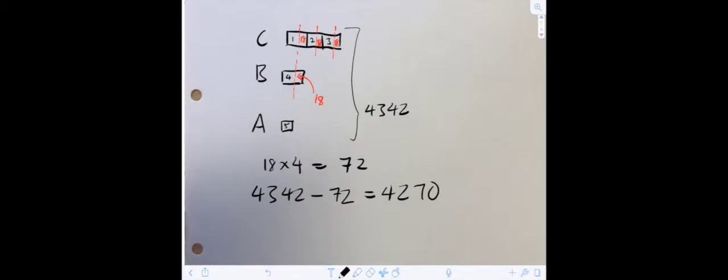So this 4270 is actually 1, 2, 3, 4, 5 of the black small units. So we can represent it by 5 units equals 4270. From here we can find 1 unit equals 4270 divided by 5, which should give you 854.